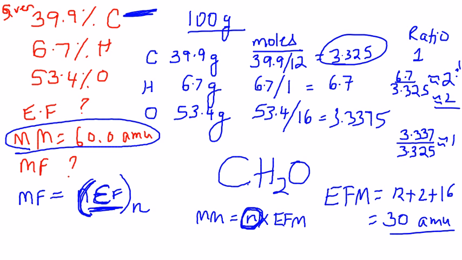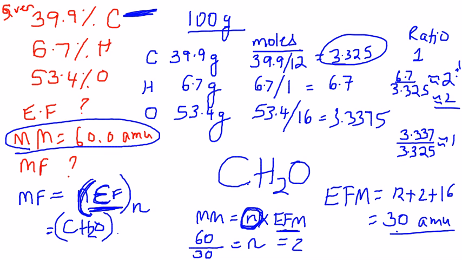Since I'm given the molecular mass, 60 divided by 30, because empirical formula mass is 30, that's going to give you n, the integer in this case, to be equal to 2. Let's plug that in. CH2O 2 times, and your formula becomes C2H4O2. I'm going to write down the molecular formula for acetic acid just for the reference point.